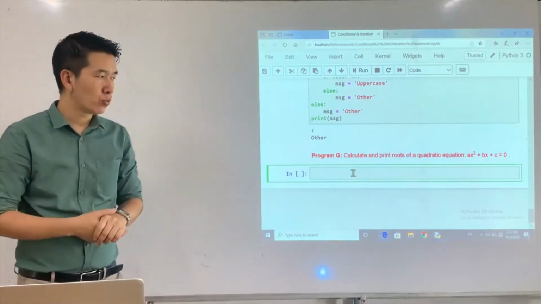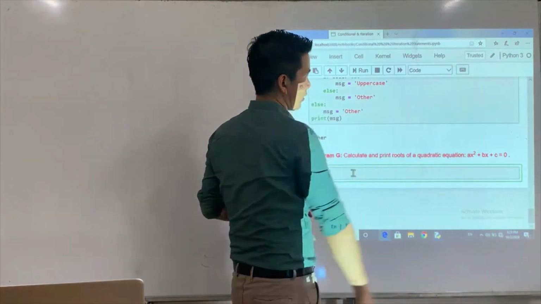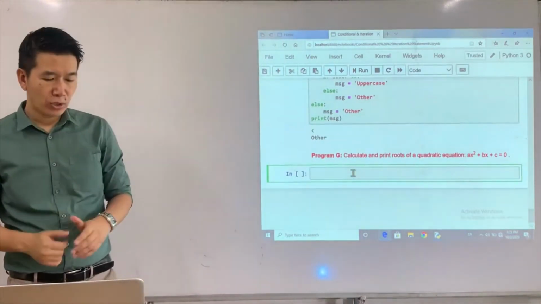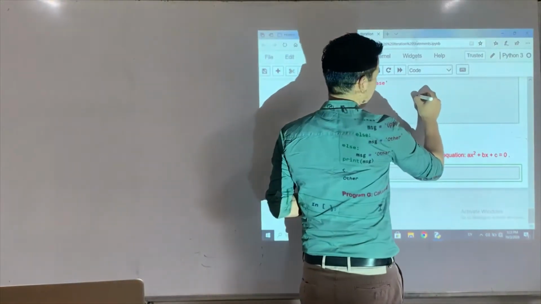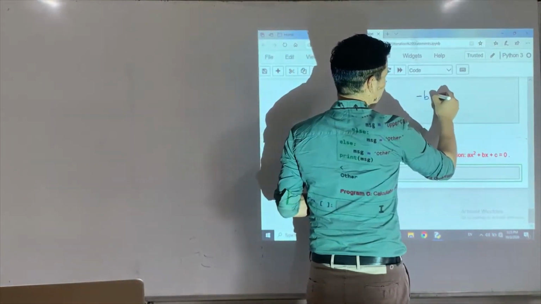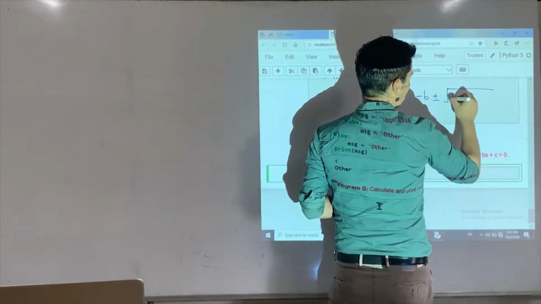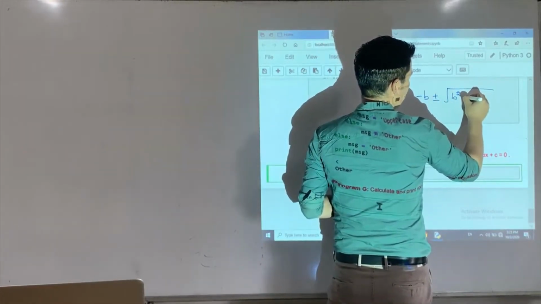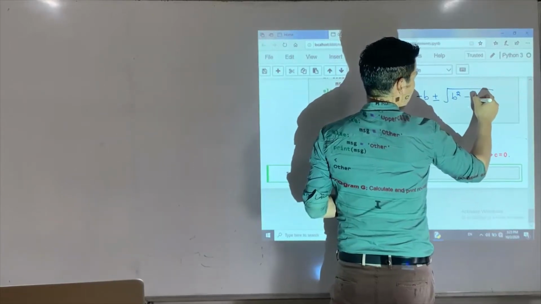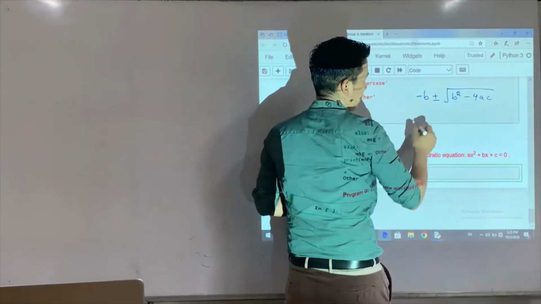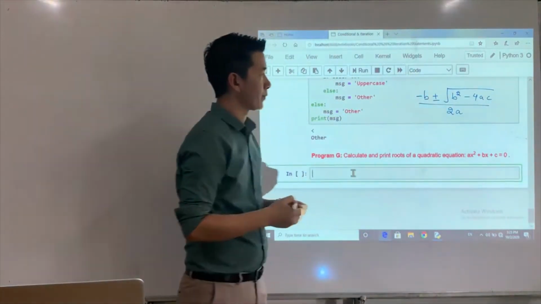So you are well versed with the calculation of the roots of a quadratic equation, right? So we need the formula. The formula is, if you could remember correctly, minus b plus minus square root of b square minus 4ac, and the whole thing needs to be divided by 2a, right?